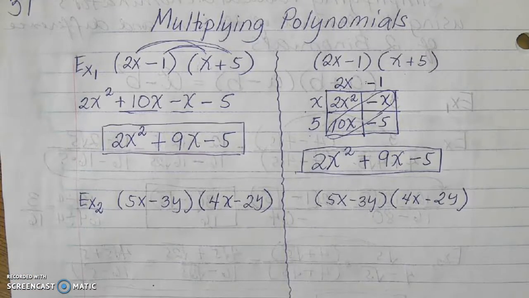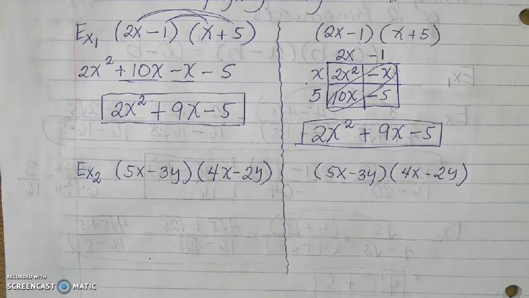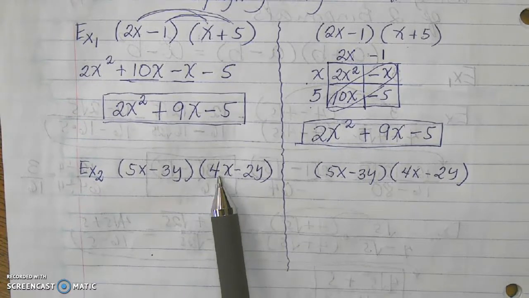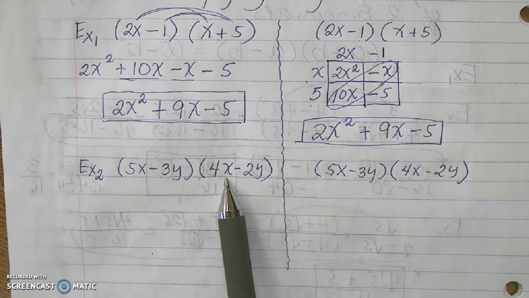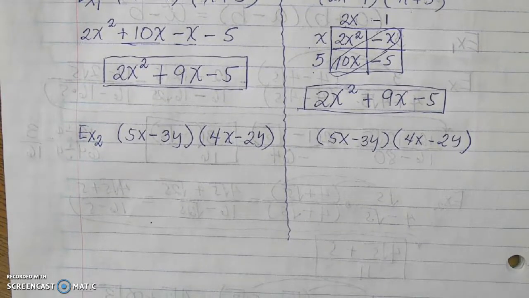Okay, so for my next example, I'm going to use 5x minus 3y times parentheses 4x minus 2y. So let's begin the distributive property.